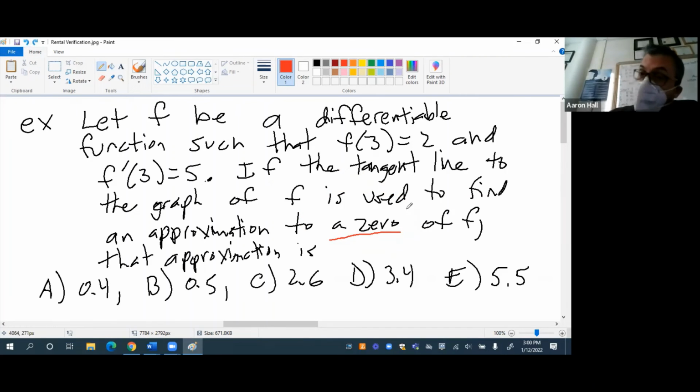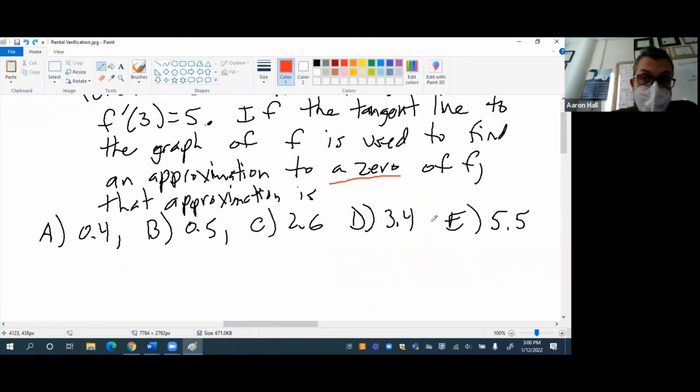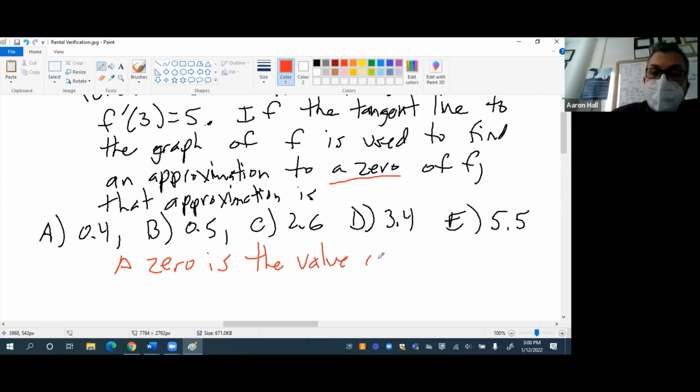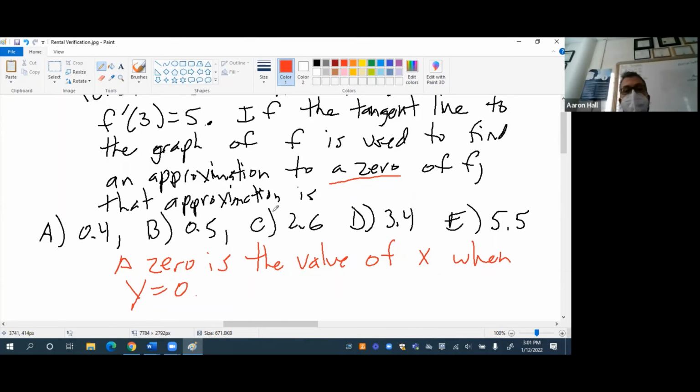A 0 is an x-intercept if it's a real number. If it's not, you still make y 0. It's the value of x when y is 0. Okay.